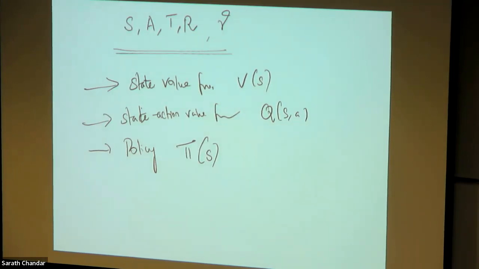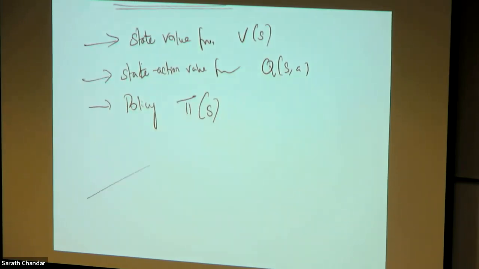We discussed different ways to learn all these entities. Now our end goal is always to maximize our return. That can be done in broadly two different ways, as we have seen in the course.